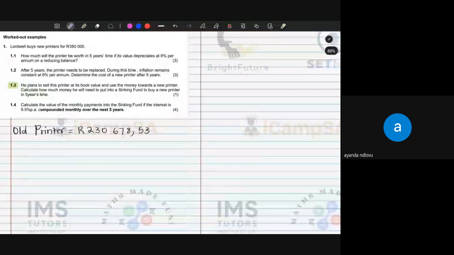So now we need to figure out how much money he needs in order for him, at the end of the 5 years, to be able to buy a new printer. So this one here is the amount he will get when he sells the old printer.